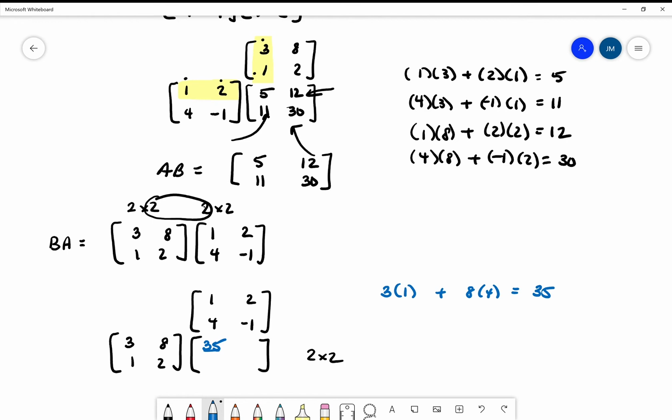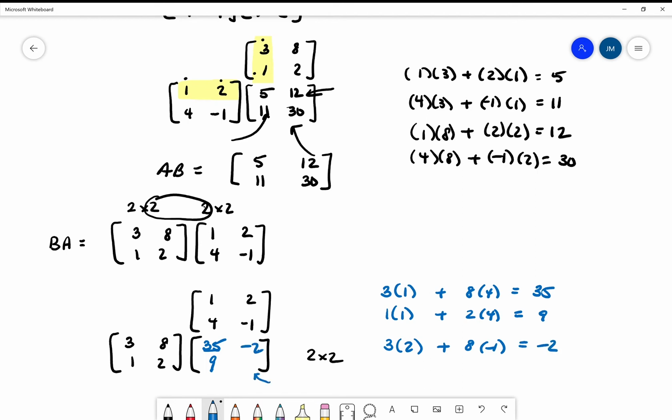Okay, so if I want to find this entry here, it looks like I'm multiplying 1 and 2 by 1 and 4, and that looks like 9. And if I want to find this entry here, I'm multiplying 3 and 8 by 2 and -1, and that's -2.